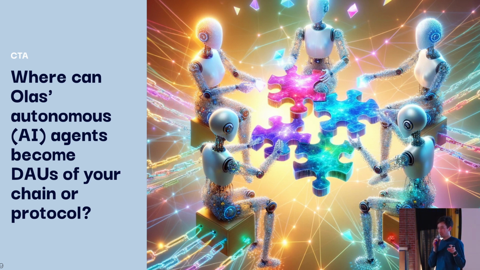There's a product which we've built in the past called Governator, which is an early step towards autonomous governance where you can delegate tokens to the system of autonomous agents and they collectively implement governance decisions. Now, that might be something you want to deploy in Optimism because you're in the Optimism ecosystem. We think at Olas that autonomous agents should complement and enrich the user experience of everyone on every chain. And we are happy to bring it to any chain which you care about, to any protocol you care about. Just come talk to us and we'll help you.